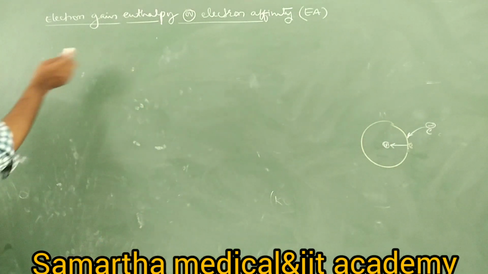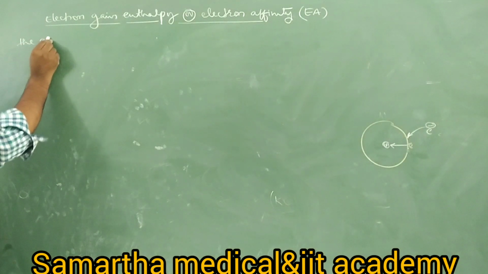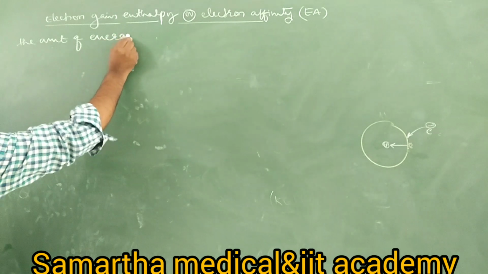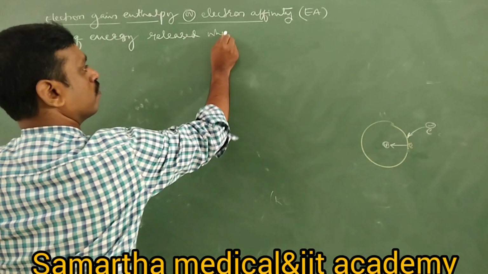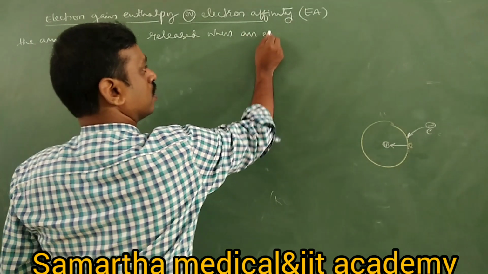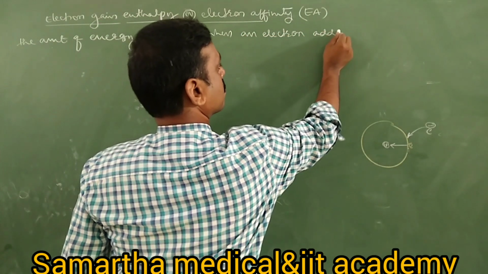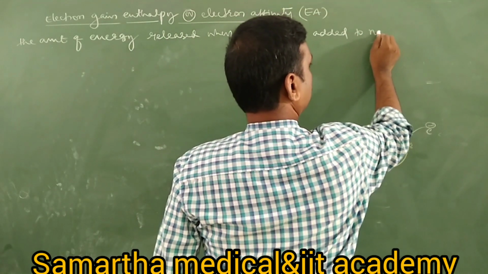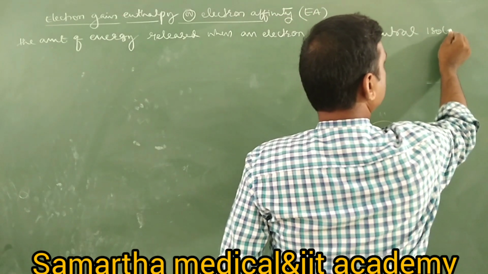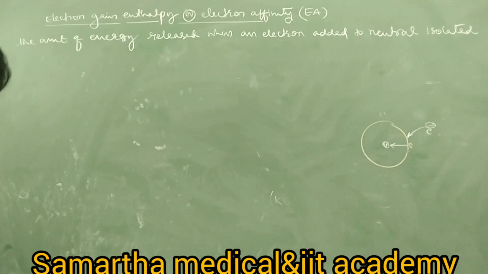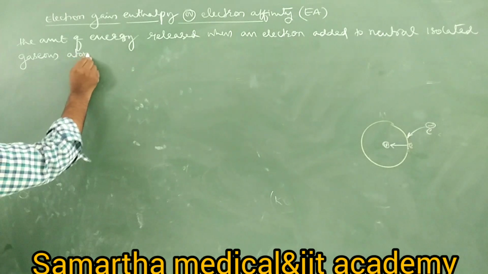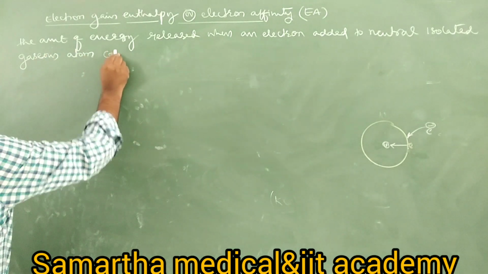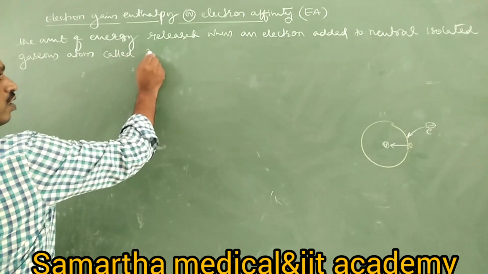So the definition: the amount of energy released when an electron is added to a neutral, isolated gaseous atom is called first electron gain enthalpy.